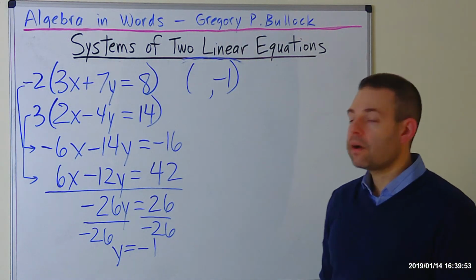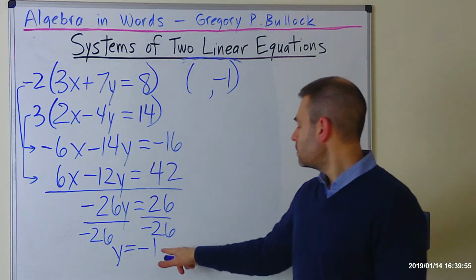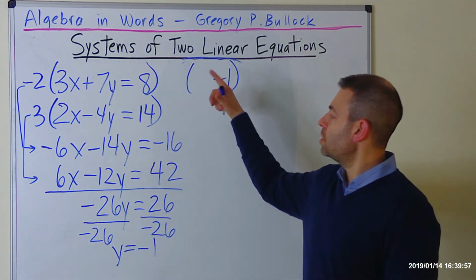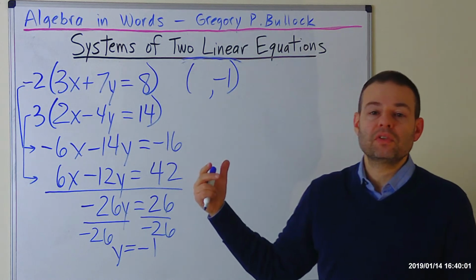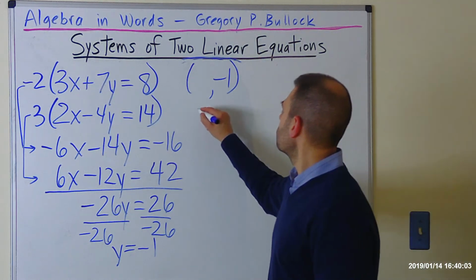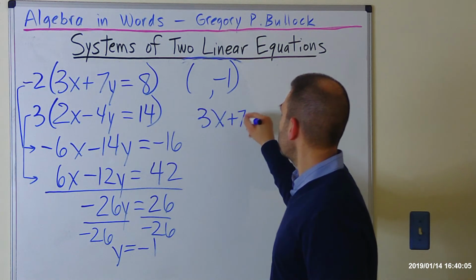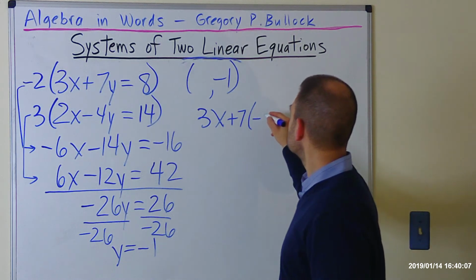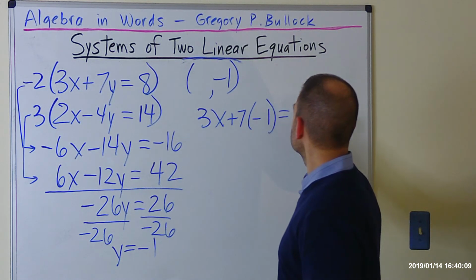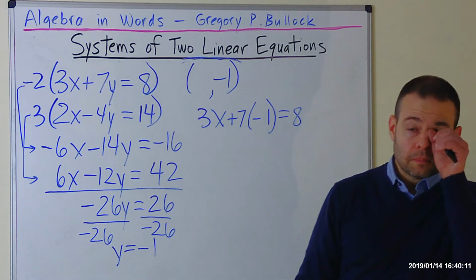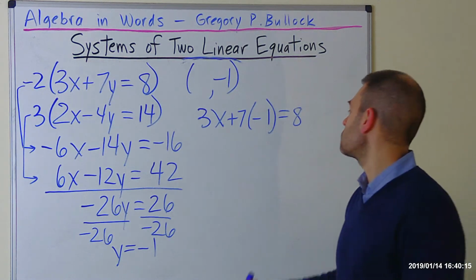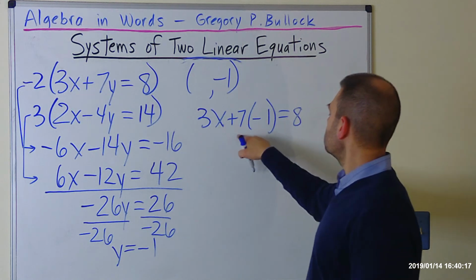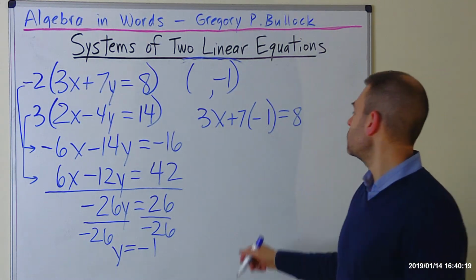And now that we have y equals negative 1, take the negative 1 and substitute it in for y into one of the original equations. I'm going to randomly choose the top equation. 3x plus 7 times negative 1 equals 8. And let's continue simplifying so that we can solve for x. 7 times negative 1 is negative 7.